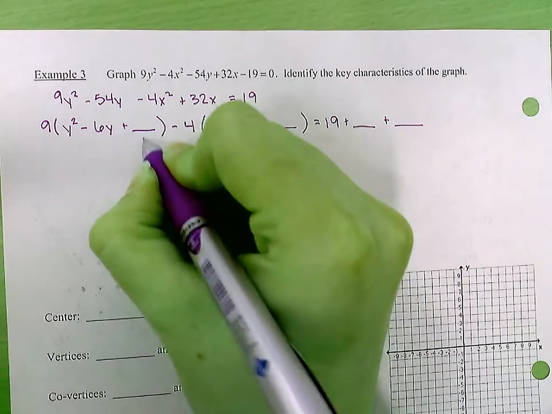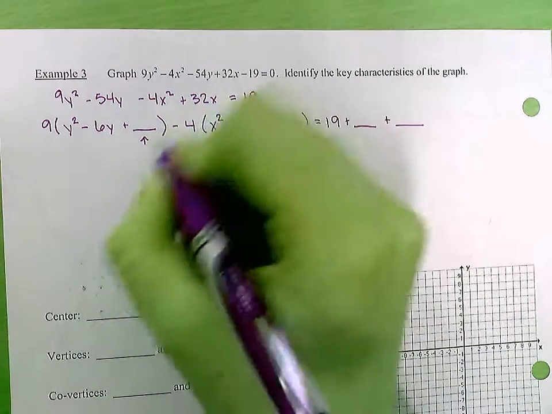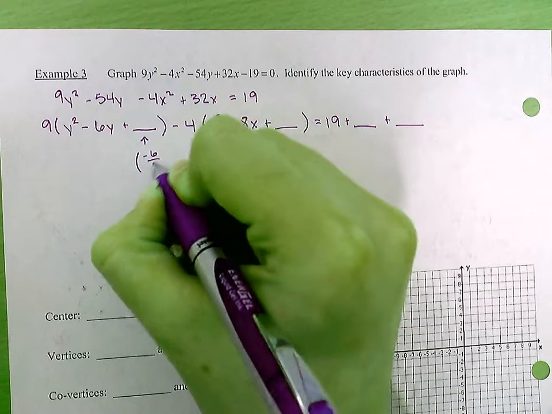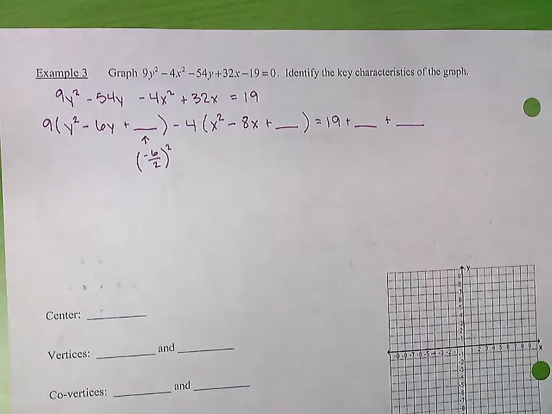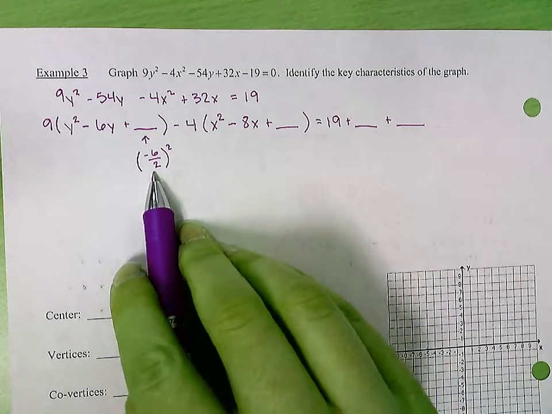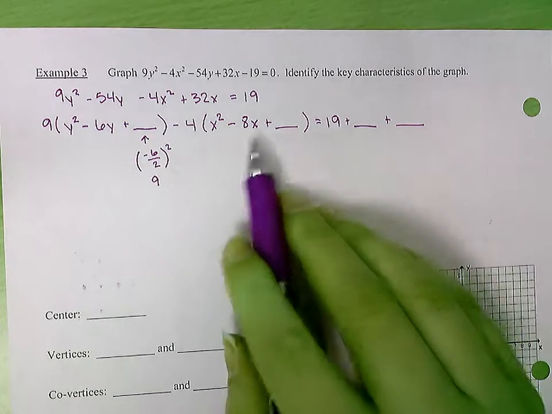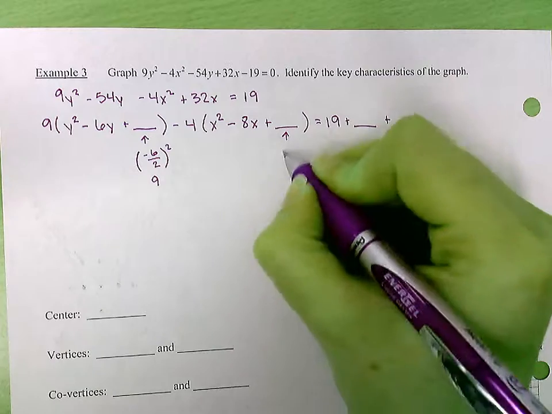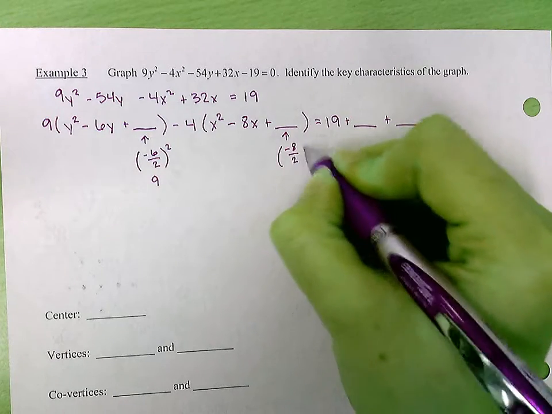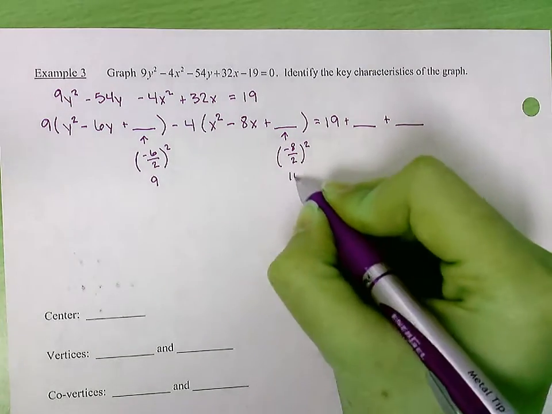Again, we need to take b over 2 and square it. So our b value here is negative 6 over 2 squared. That's negative 3. Negative 3 squared is 9. For this one, our b value is negative 8. Negative 8 divided by 2 is negative 4. Negative 4 squared is 16.